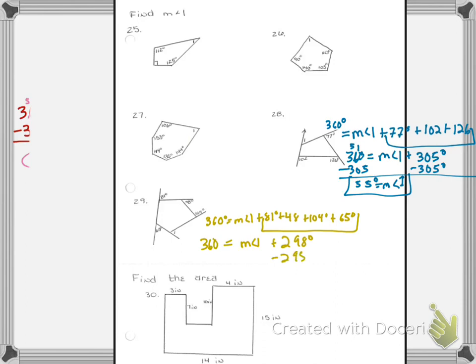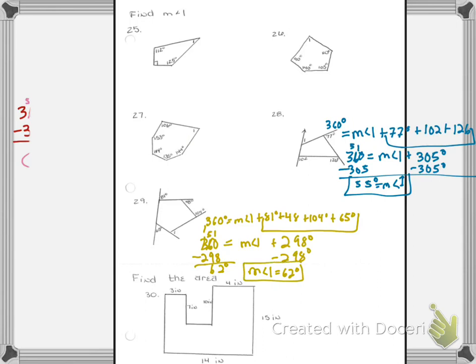Like terms together, subtract this to the other side. Once again, you can change this to a 5, becomes a 1. You have 2, borrow another, 62 degrees. Measure of angle 1 equals 62 degrees.